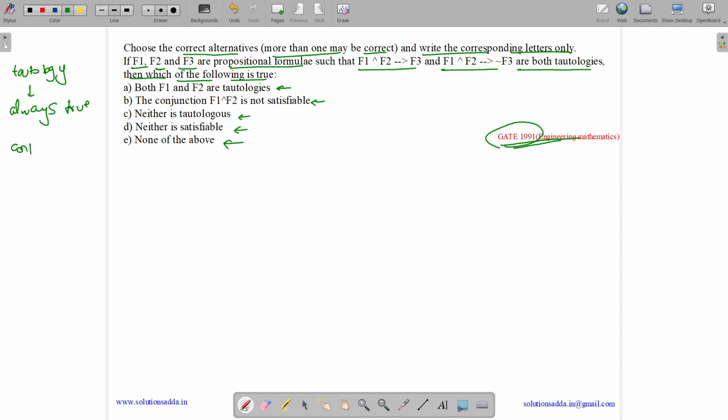And what is a contradiction? Contradiction is a value which is always false. And we can also write contradiction to be not satisfiable. Okay. Now the third one we have contingency.